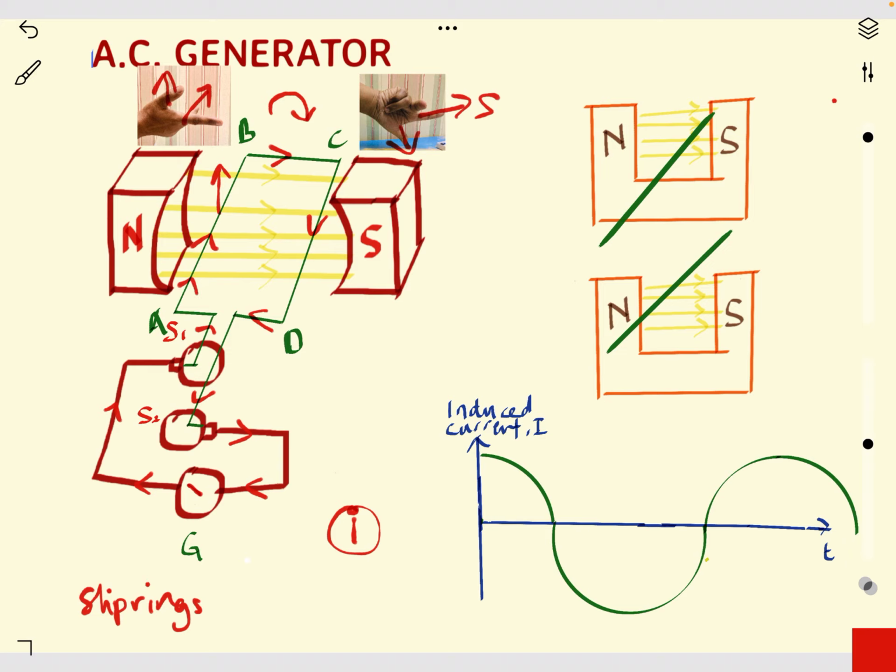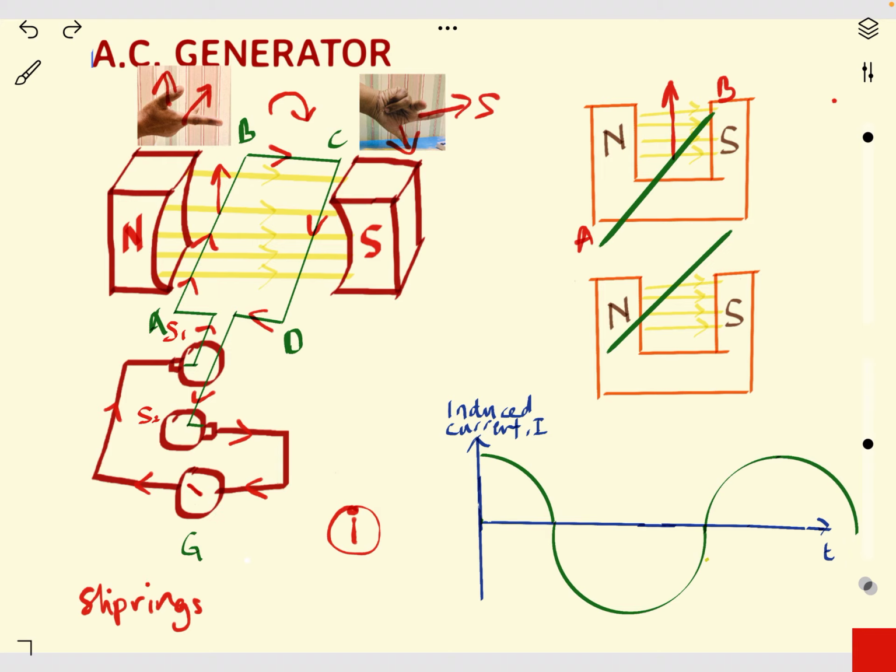In this case you can see AB here. This is AB, this is A, and this is B. So we can say that AB moved outward like this. When it moves upward, it will cut the magnetic field.